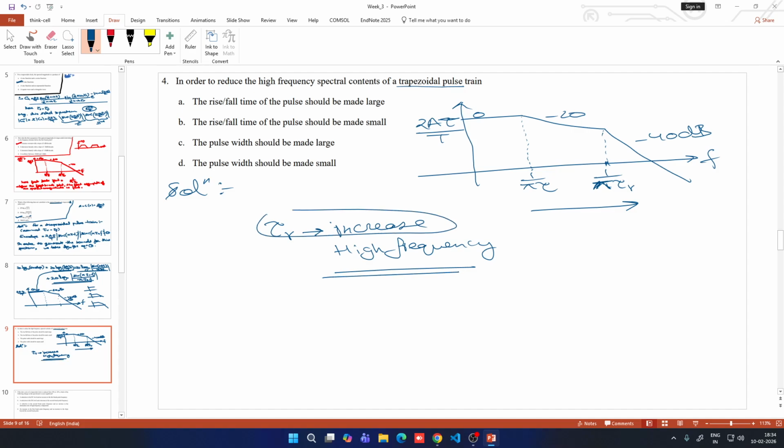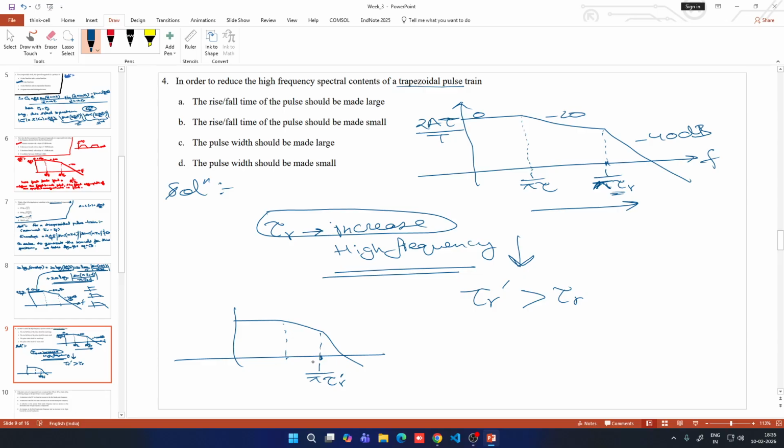So if we increase tau_r, the higher frequency will reduce. Suppose this is some number, and tau_r prime is larger than tau_r. Then 1 by tau_r prime will be shifted to the left-hand side.